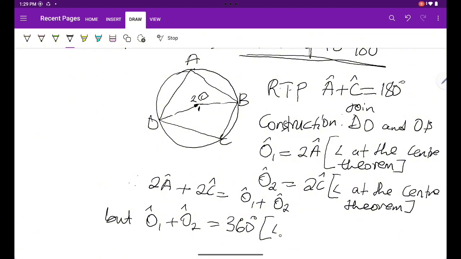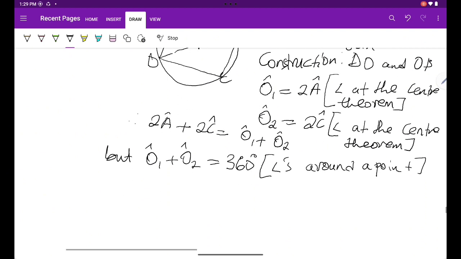So these are angles around a point, or what we call revolutionary angles. So now we can substitute the size of O1 plus O2 in this statement. So we can put O1 plus O2 as 360, meaning 2A plus 2C is actually 360 degrees.